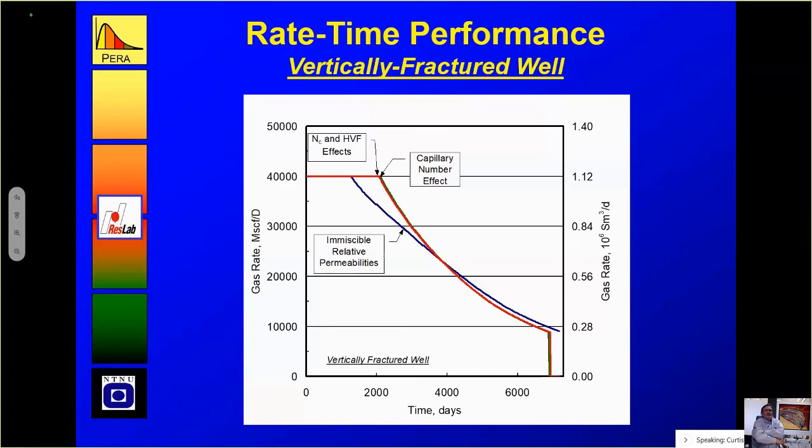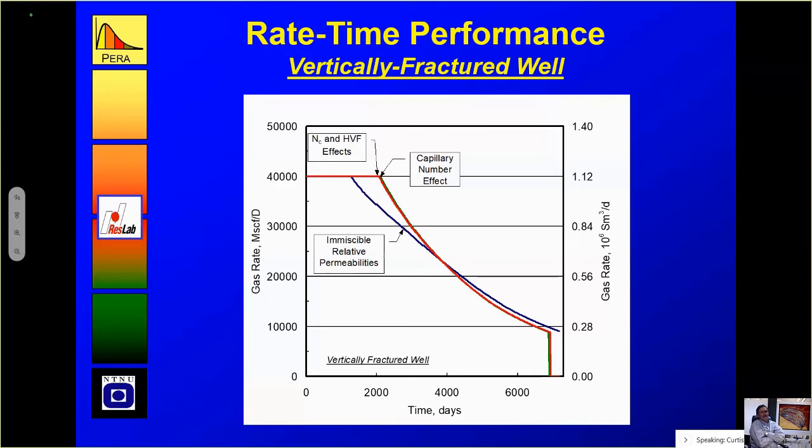It'd be like having damage in the first foot versus having a foot of damage 100 feet away from the well. Which would you rather have? You'd rather have it away from the well.